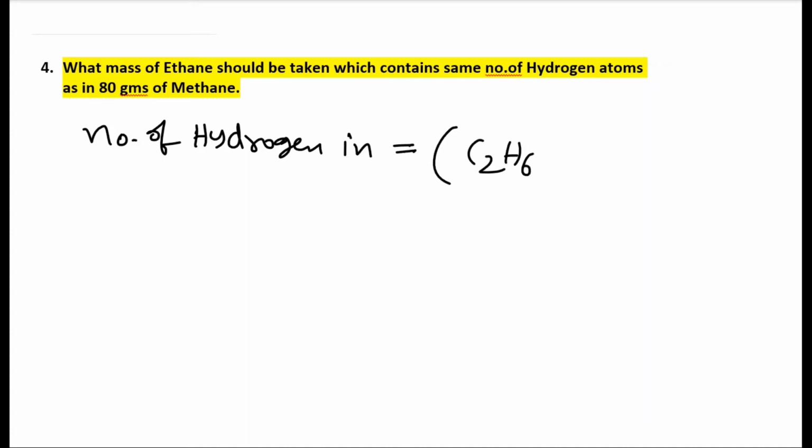Then as usual, here we have to calculate the mass of ethane. For that, what is the shortcut formula? XnNA is equal to XnNA, this condition.